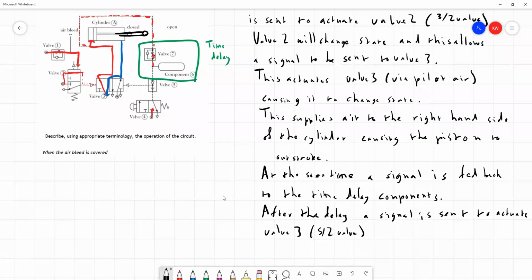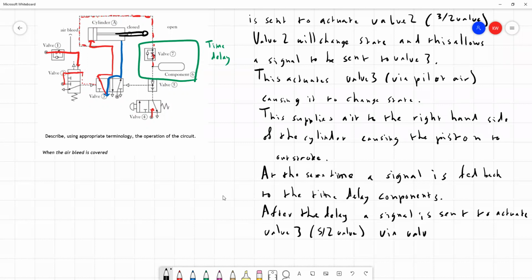We do want to use technical language, but it is appropriate to refer to a valve as a valve. A signal sent to actuate valve 3, and you could say via the shuttle valve 5. I'll include that, but if you didn't say this, it would be fine as well. It's kind of implied from the diagram.